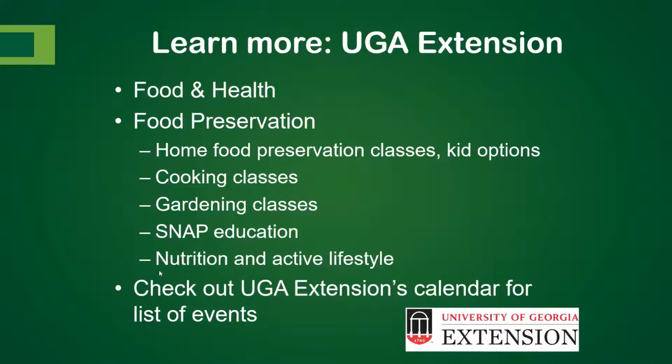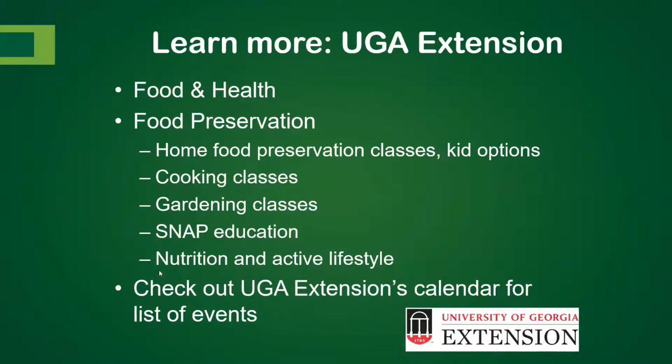Thank you. Specific to Georgia, if you want to learn how to maybe increase your food security or share a resource with somebody else, there's the UGA Extension. So this will give you a lot of different options for making your own food and doing it cheaply and in a more sustainable way. So you can learn how to grow your own food, cook your own food, and then preserve your own food.